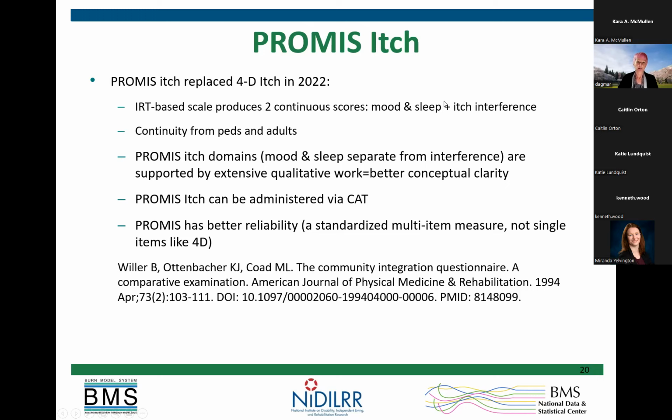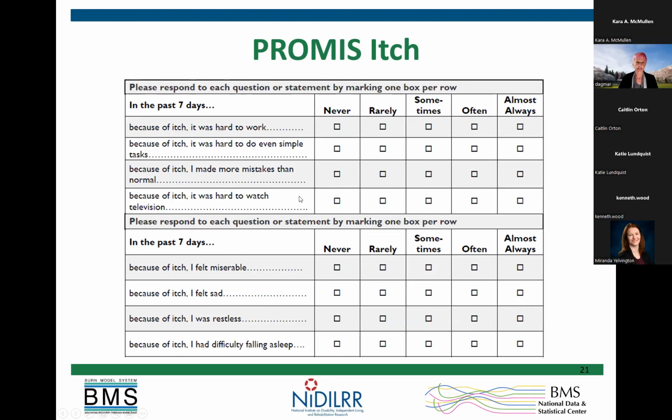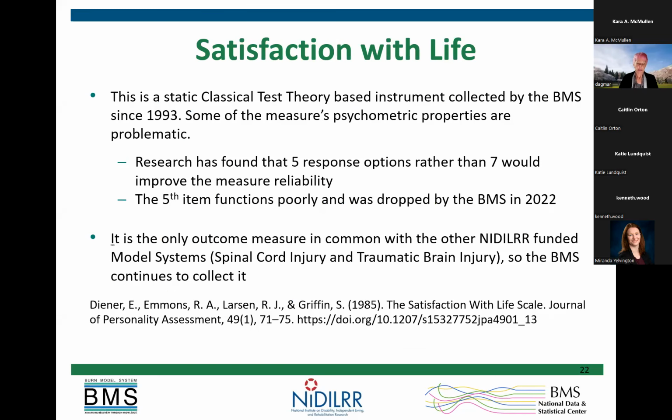One reflects mood and sleep, and the other reflects itch interference. So we now have 2 scores for itch, and we can choose which one we want to use in our analyses. Here is what the PROMIS itch looks like. So here are the 2 different subdomains of itch that are being measured.